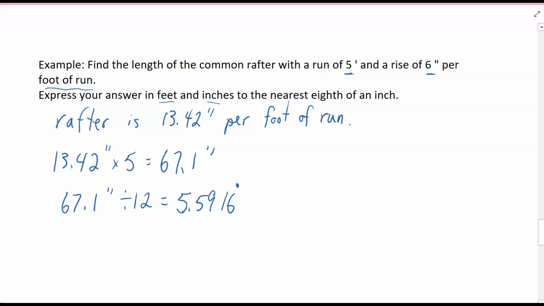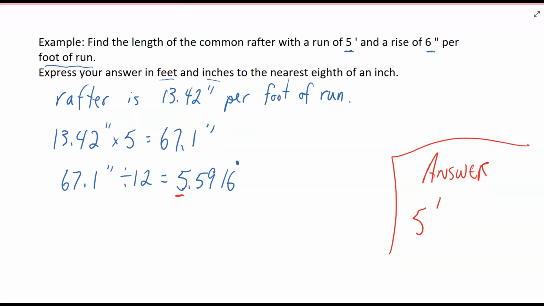All right, over here, keeping track of our answer, 5 feet. Okay. Let's now take the decimal part. So we've used up that 5 feet. We need to convert, and sorry, that was in feet.